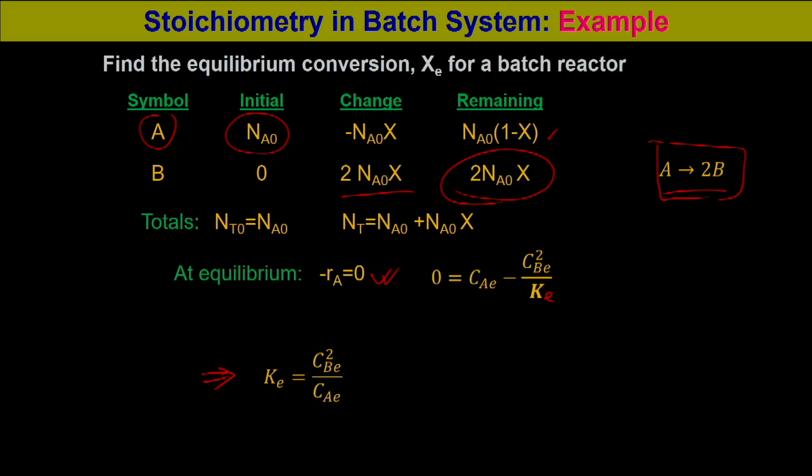From these relations at equilibrium, applying minus Ra equal to 0, we can write Ke as CBE square by CAE. And CAE is nothing but Na by V, which is equal to Ca naught into 1 minus Xe, as V is V naught for the constant volume system.